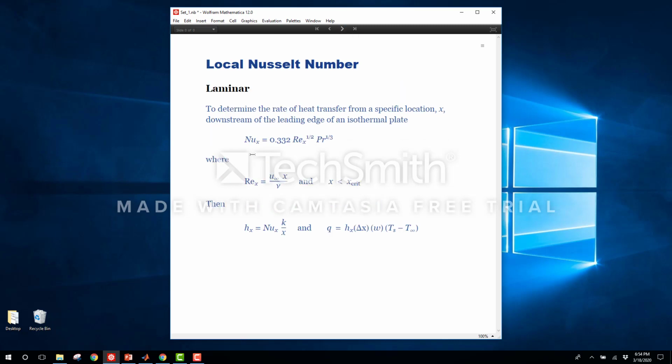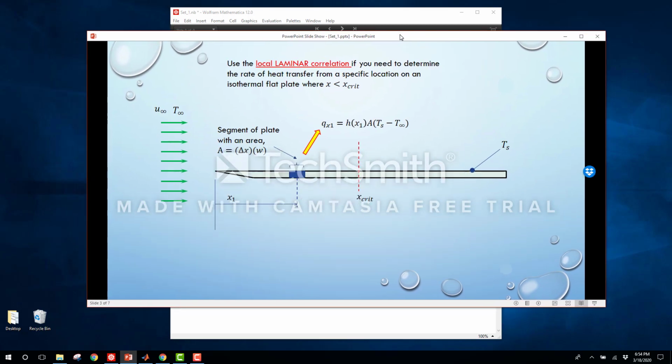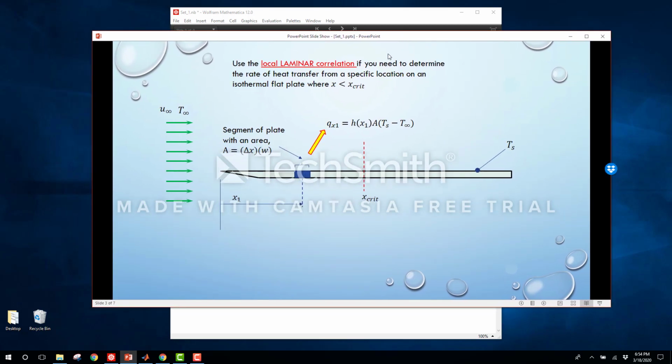So let's take a look at what we're trying to do here. So we have different situations. The first one we're going to look at is what we're referring to as the local laminar correlation. So we would use this if we are at a location on a plate that is somewhere between the leading edge and the location of transition from laminar to turbulent.